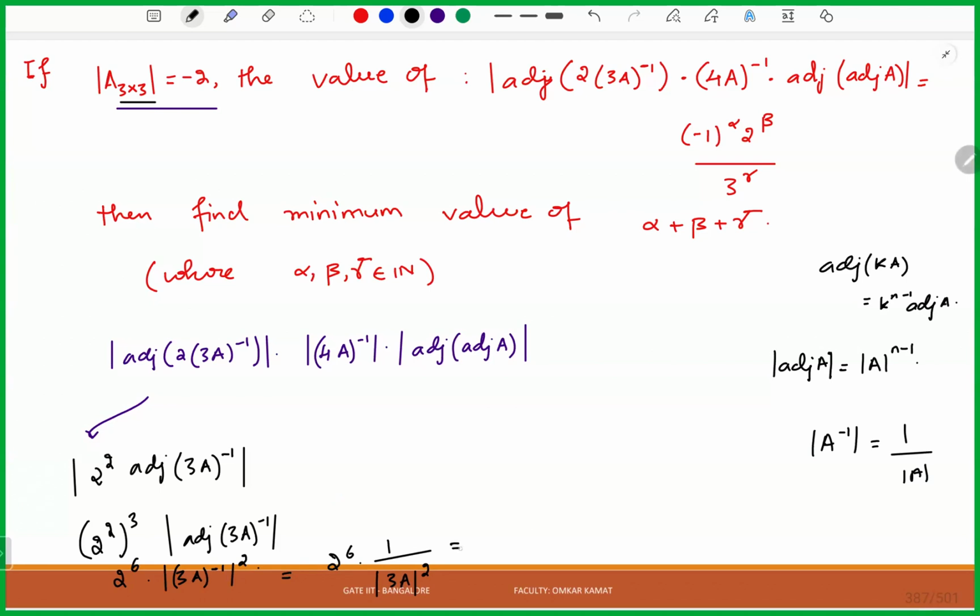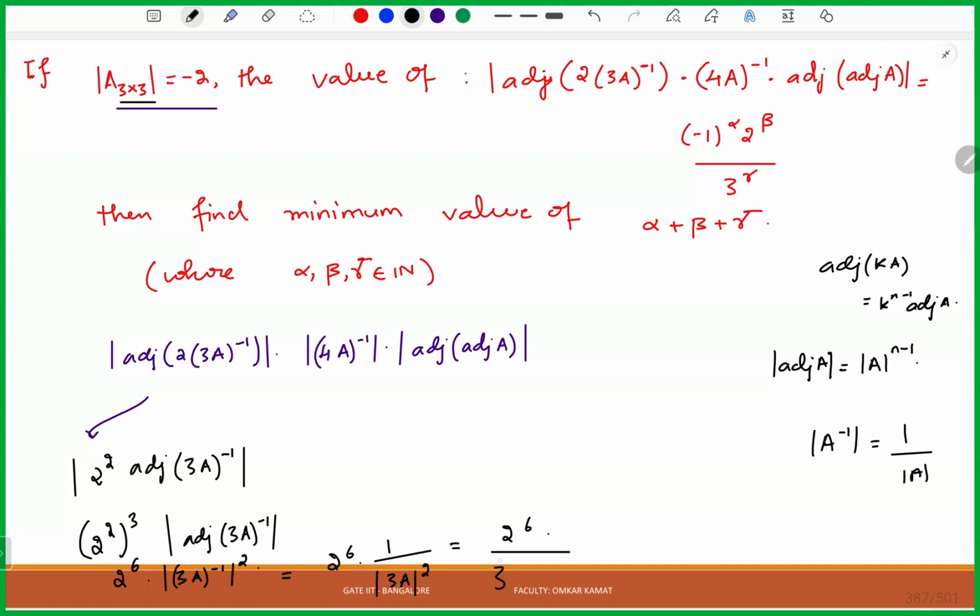So now finally 2 to the power of 6 divided by this, 3 will come outside. It will come out as 3 cube, but the square is there, no?